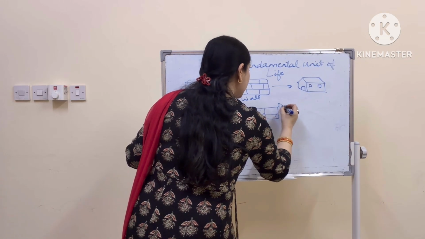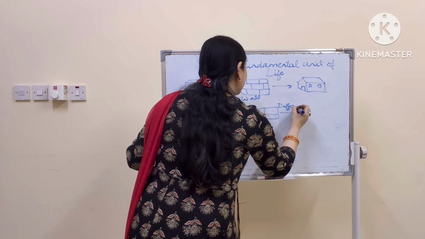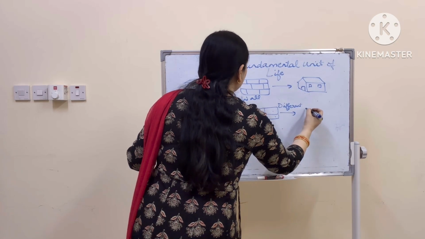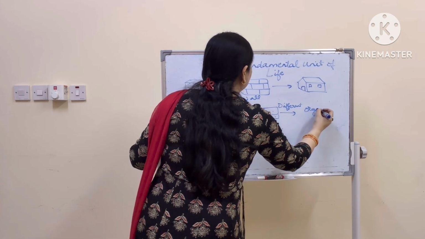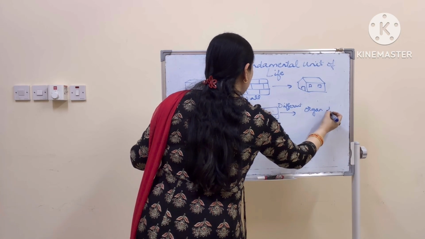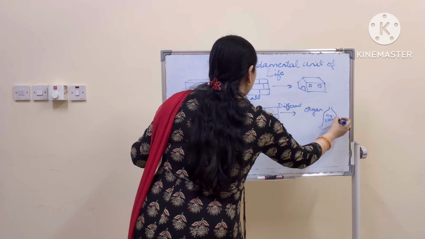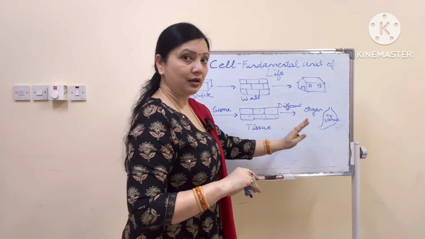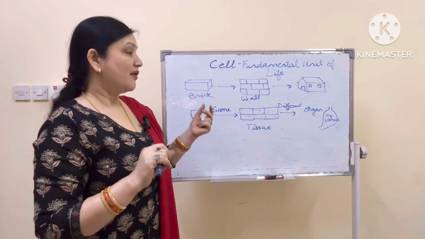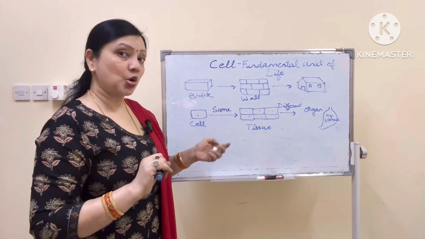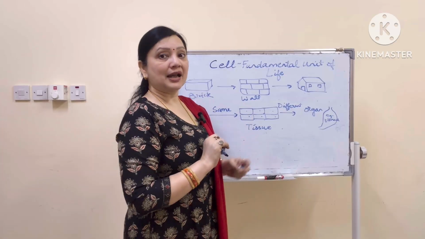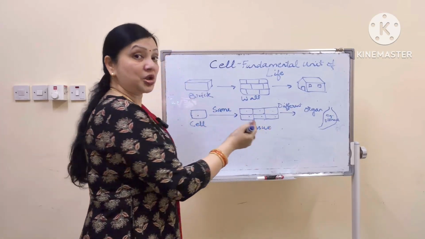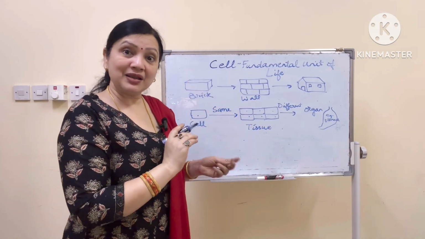When different tissues combine, they make up an organ. Let us take the example of the stomach. If you imagine a stomach, there will be one tissue which will make its lining. There will be one tissue where the food which we eat is stored. Then you know there are enzymes in the stomach, so there will be one tissue where that enzyme is stored.